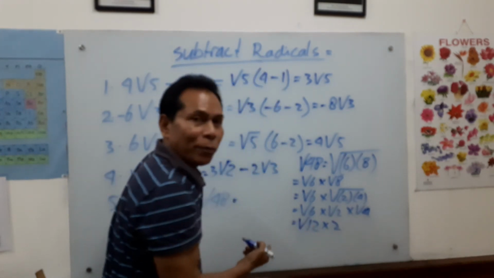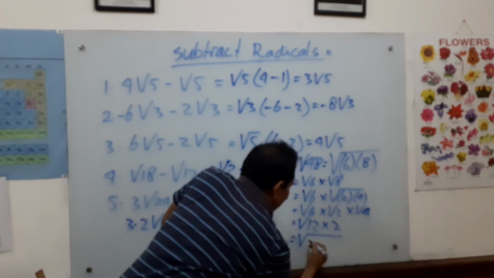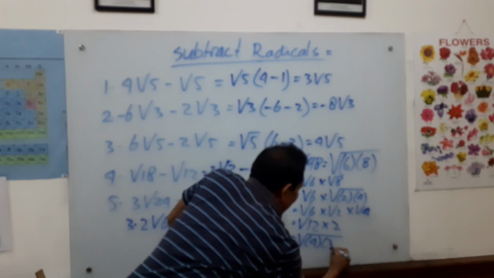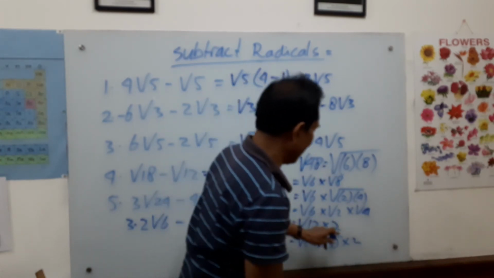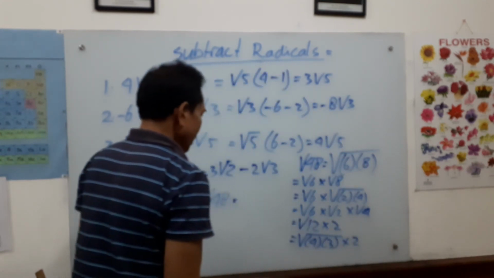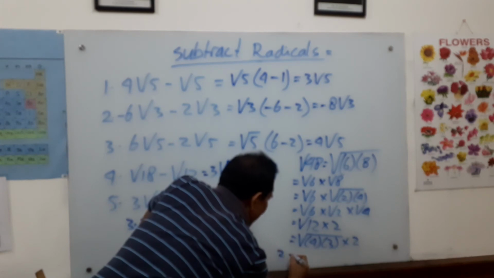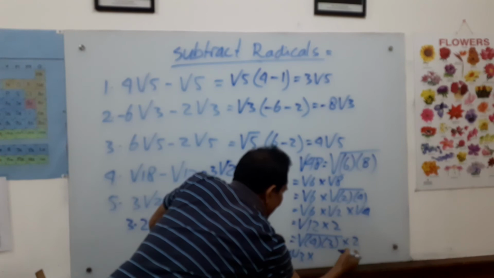Now, square root 12, we break it, okay? So we break this one. It is 4 times 3, times the 2 here, okay? So square root 4 is 2, times square root 3, times 2 here.